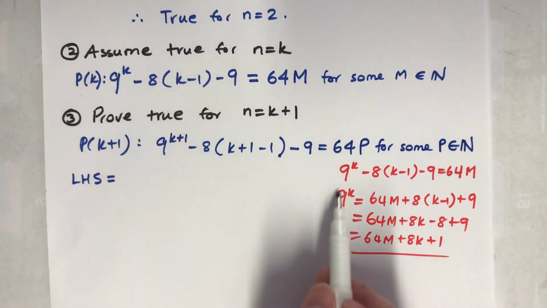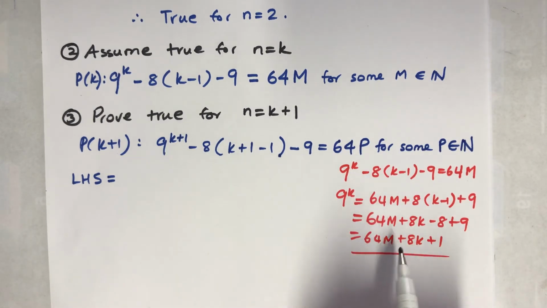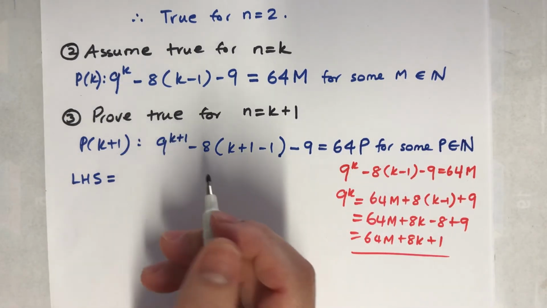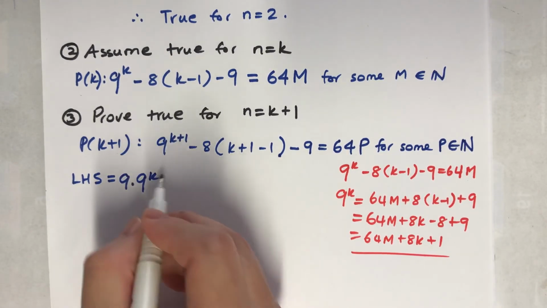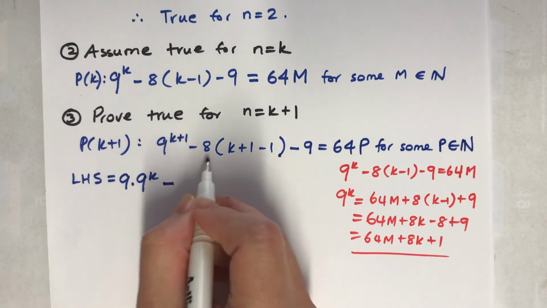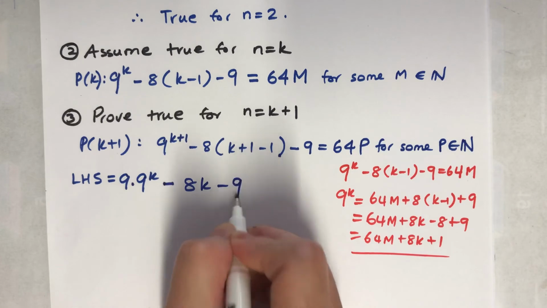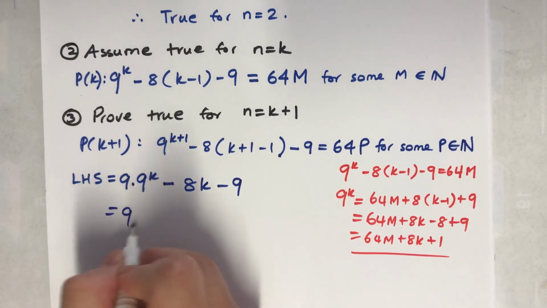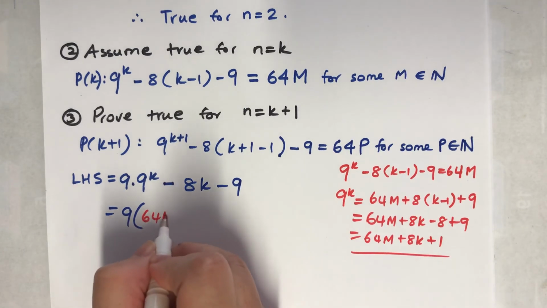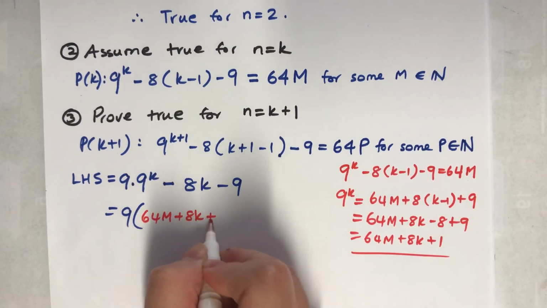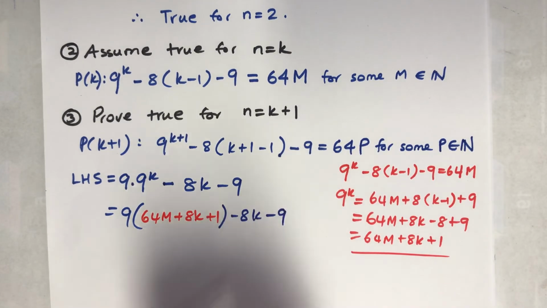Now somehow I need 9 to the power of k here because I can just replace that one to here. So what I'm going to do now is separate that, and then I'm going to separate this. That will be just 8k minus 9. Okay. And what I'm going to do with this, I'm going to replace that with 64m plus 8k plus 1, minus 8k minus 9.